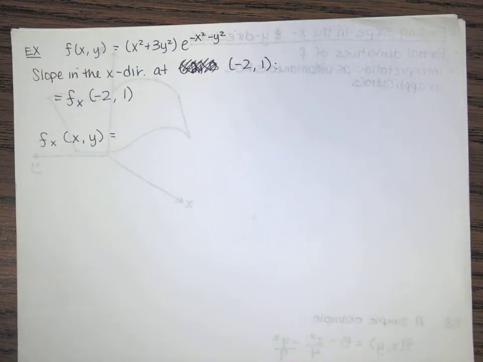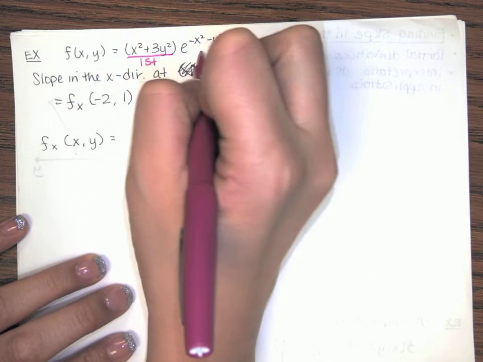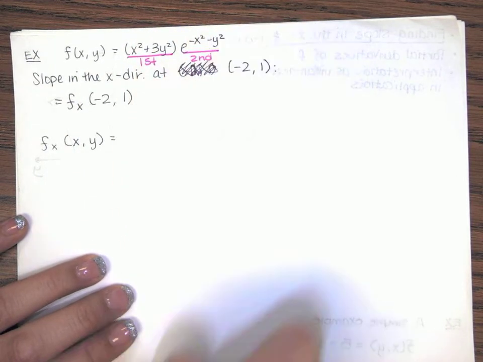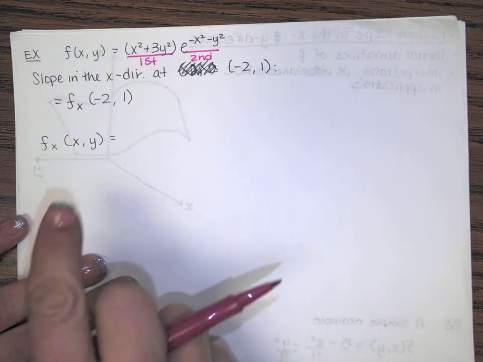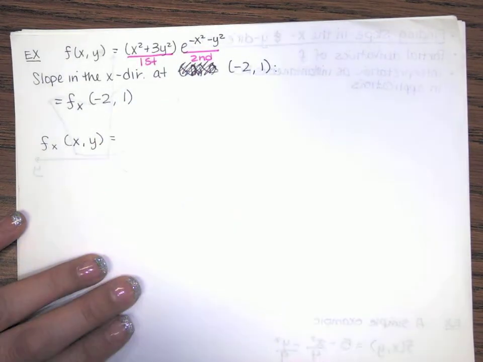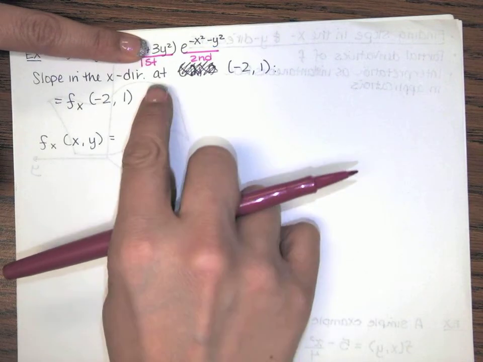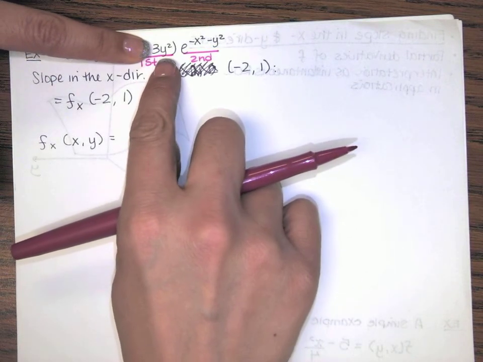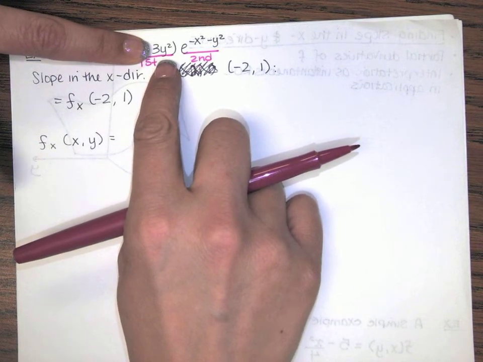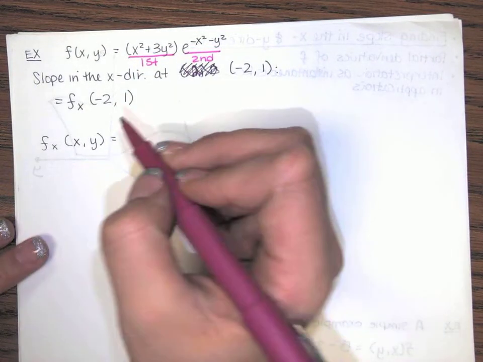So I've got a product here. That's my first function and that's my second function. Since I have a product, this depends on x and this depends on x, I'm going to use the product rule. Now if there was no x here, I would treat this first function as just a constant, so I wouldn't need to use the product rule. But since I've got a function of x times a function of x, a product rule is appropriate.